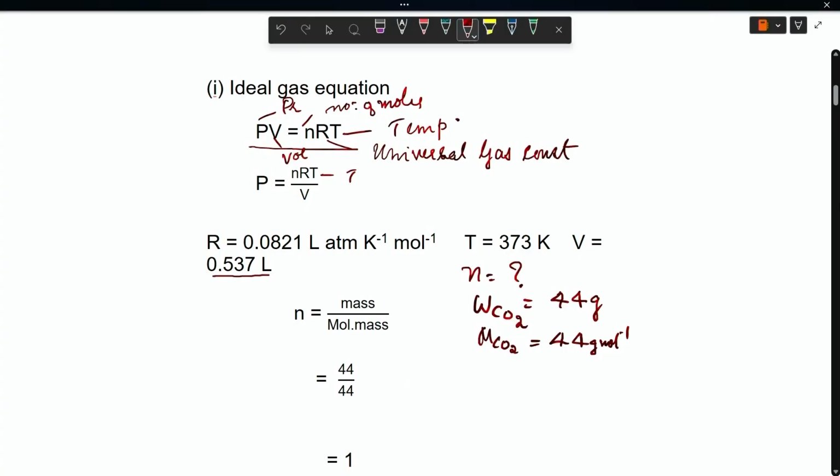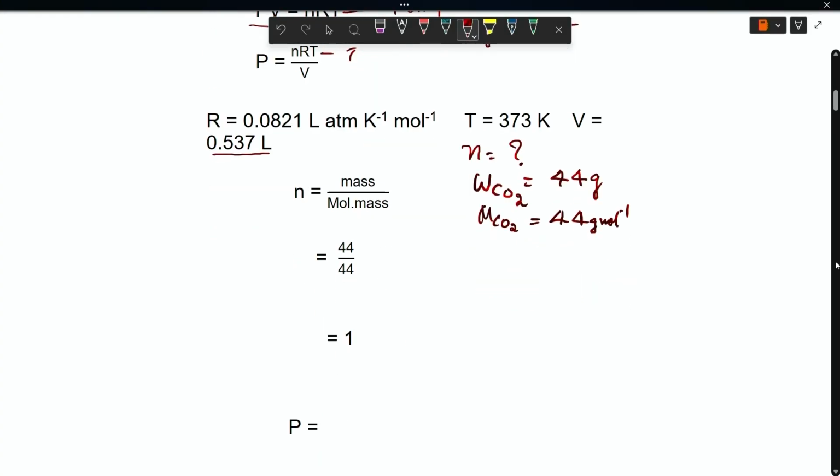And we know that the molecular mass of carbon dioxide is also 44 gram per mole. So, mass divided by molecular mass will give you the number of moles. So, 44 divided by 44 makes the value of n equal to what?